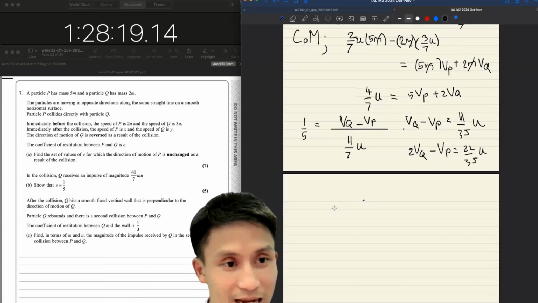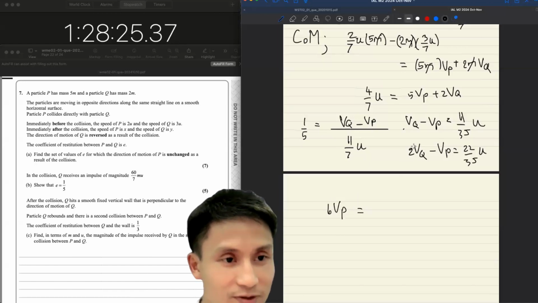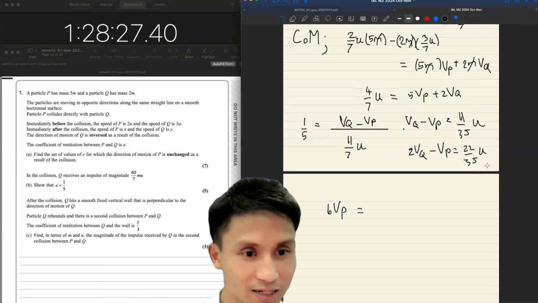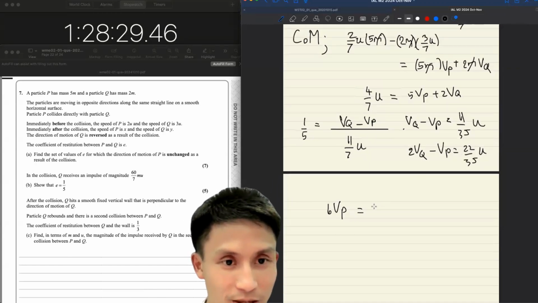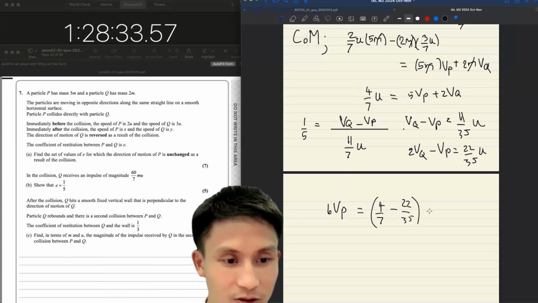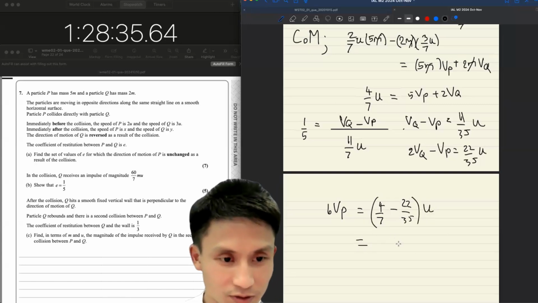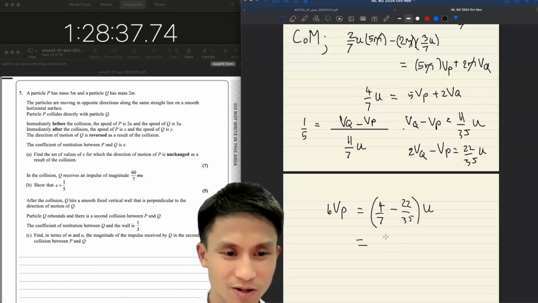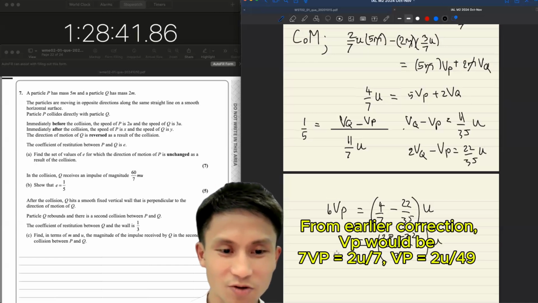So subtracting them would give me 5VP minus VP, so that would be 6VP on the left. And then subtracting this one, I get 4 over 7 minus 22 over 35U. Okay, 20 minus 22, I get a negative U.